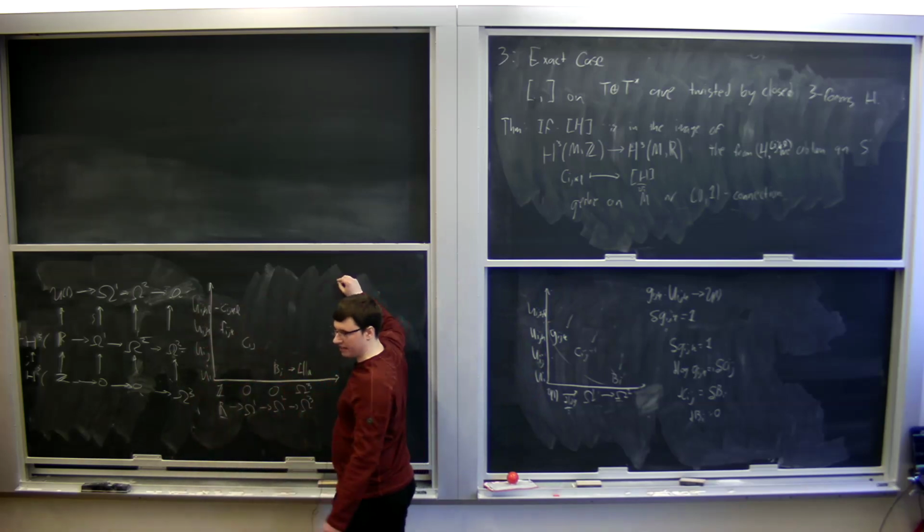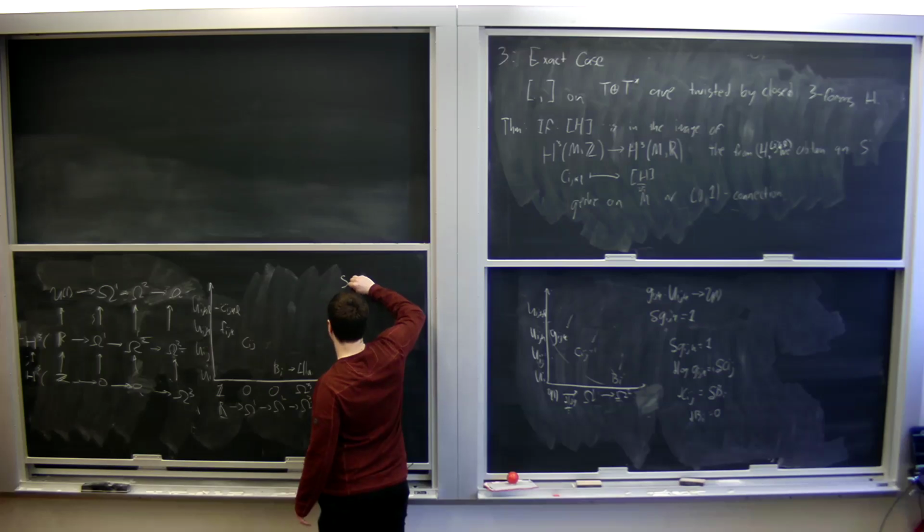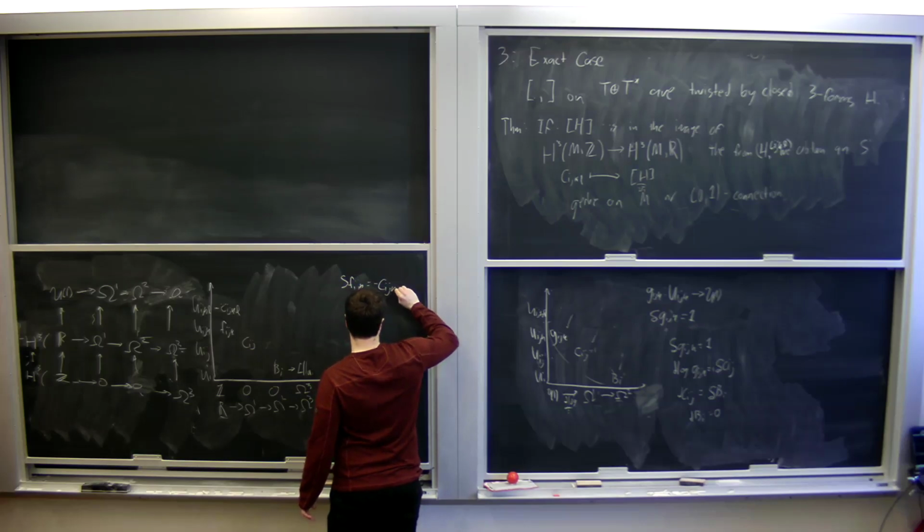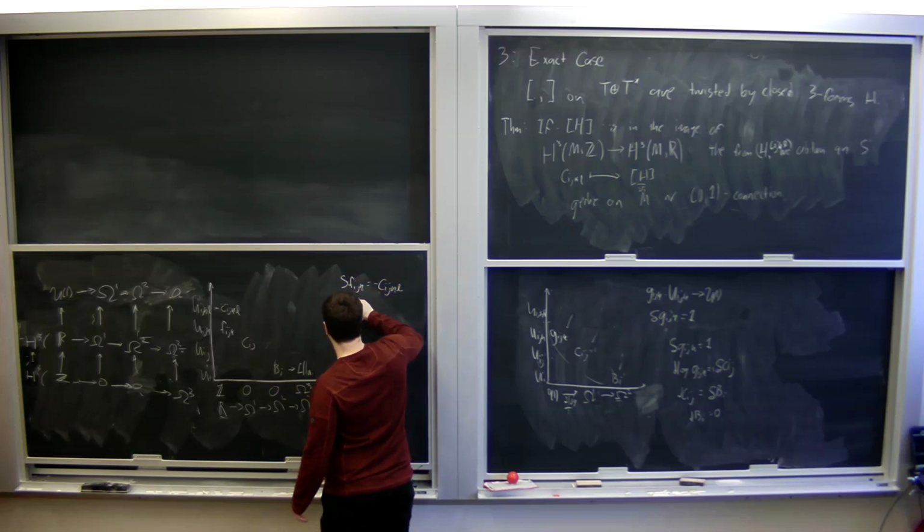And these obey the appropriate equations. Delta Fijk is minus Cijkl, dFijk is equal to delta Cij, and dCij is delta of the Bi.